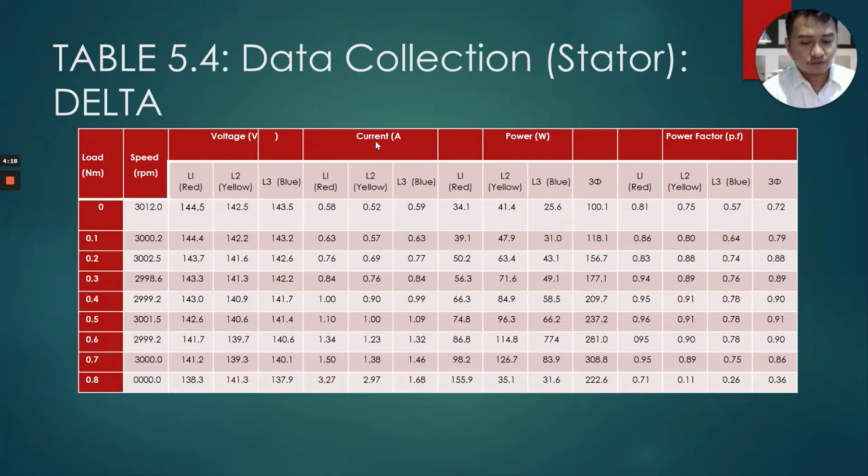For the current and power, the values are increasing when the load value is increased. For the power factor, the value depends on the load value, so the value will not be the same.